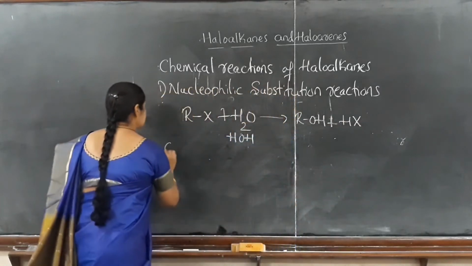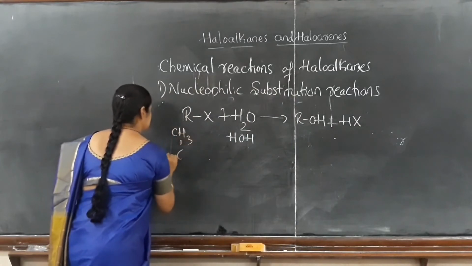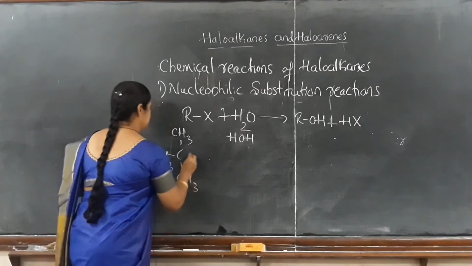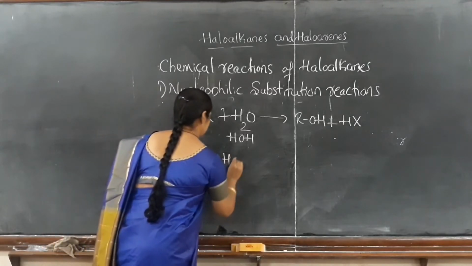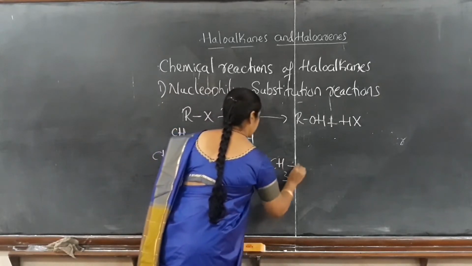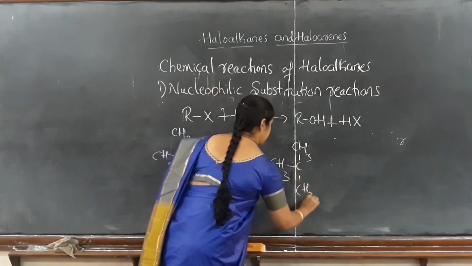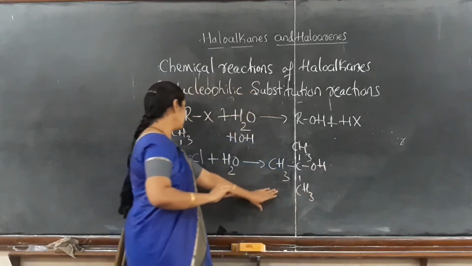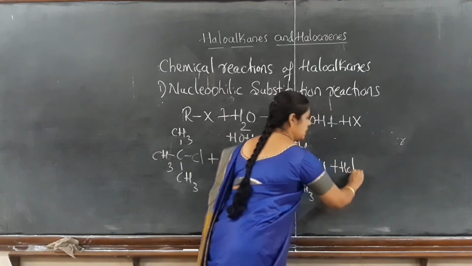Let me take an example: tertiary butyl chloride plus H2O gives tertiary butyl alcohol and HCl.